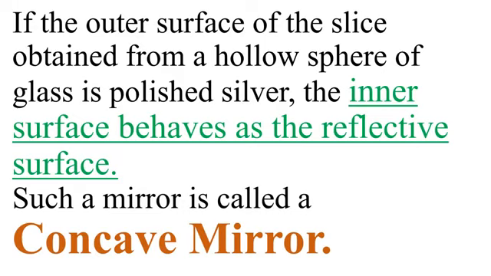If the outer surface of the slice obtained from a hollow sphere of glass is polished silver, the inner surface behaves as the reflective surface. Such a mirror is called a concave mirror.